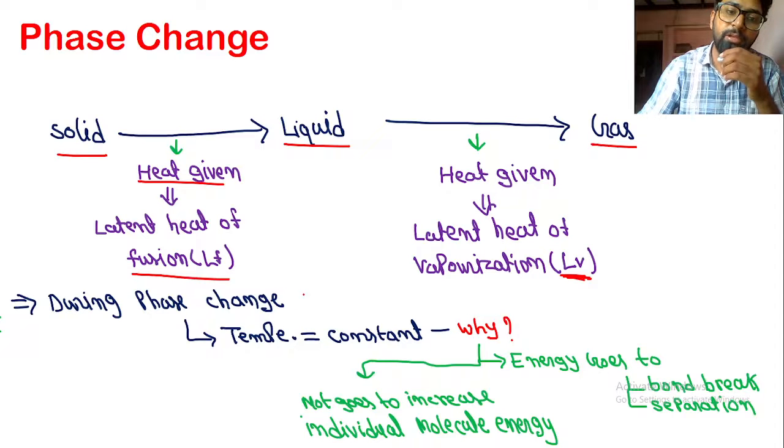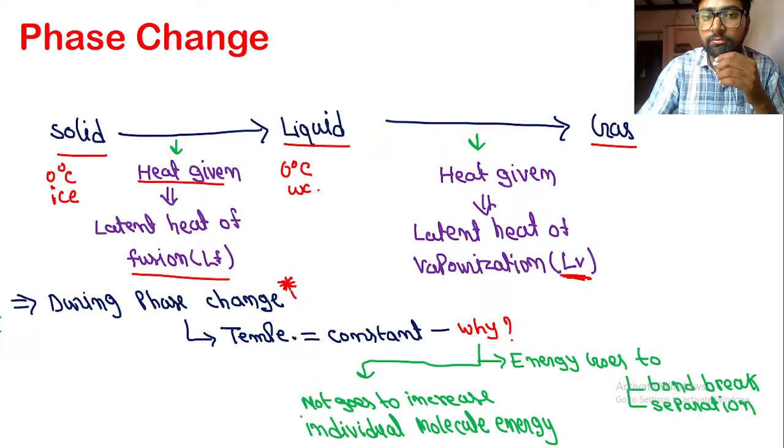During the phase change, we have to remember this point: temperature becomes constant. In the phase change from solid to liquid, the temperature does not increase, ice at 0 degree Celsius and water at 0 degree Celsius, then only phase change can occur.